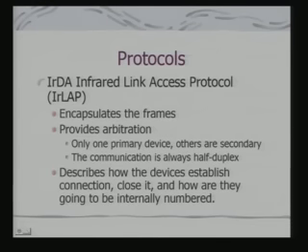So, you have the infrared link access protocol, which encapsulates the frames and provides arbitration, because there has to be only one primary device and others are secondary, and communication is always half duplex. Both the sides do not communicate at the same time. This protocol describes how devices establish a connection, close it, and how they are going to be internally numbered, because until and unless they are internally numbered they cannot be accessed.